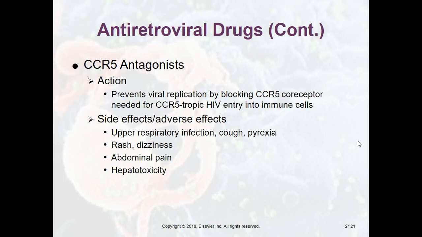Some side effects related to the CCR5 antagonists are upper respiratory infections, a cough, pyrexia, a rash, dizziness, abdominal pain, and hepatotoxicity. So they can experience liver toxicity from taking this drug.